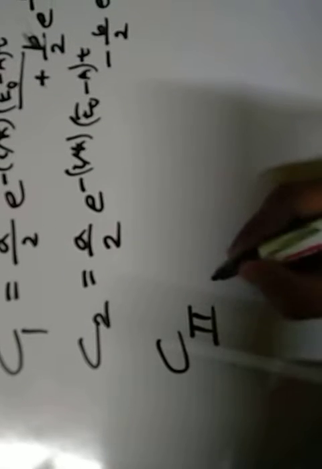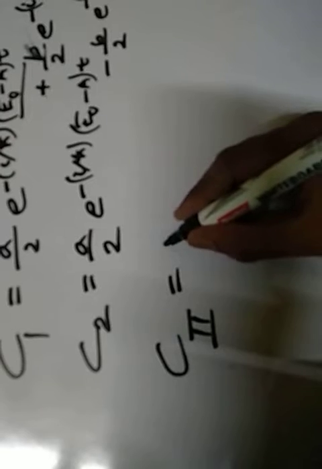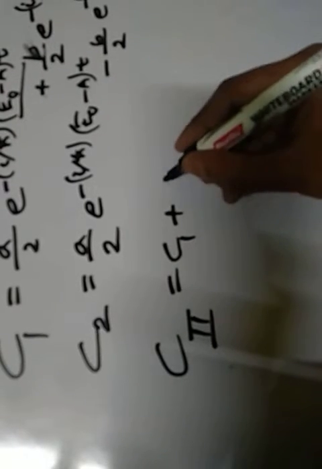Let's see, now we'll use Roman symbols. We can also use other symbols, but we use Roman symbols as it is given in Feynman lectures, I equals C1 plus C2.